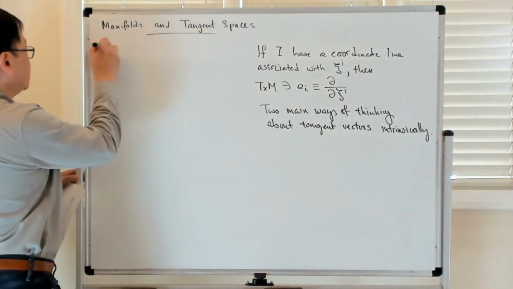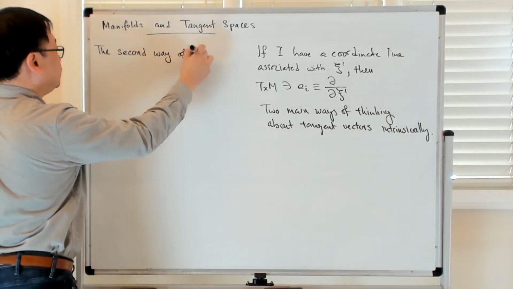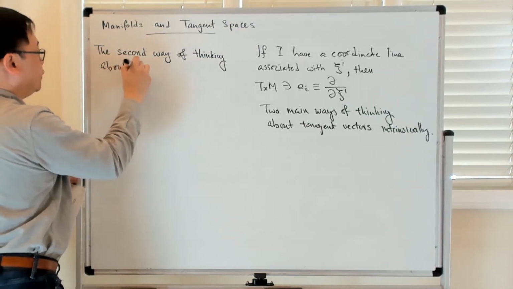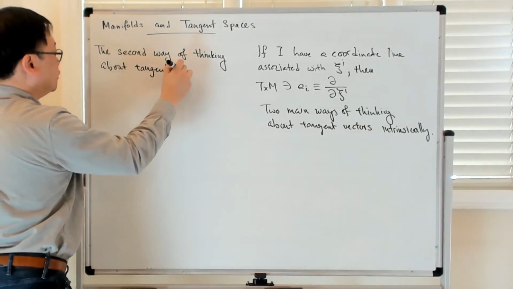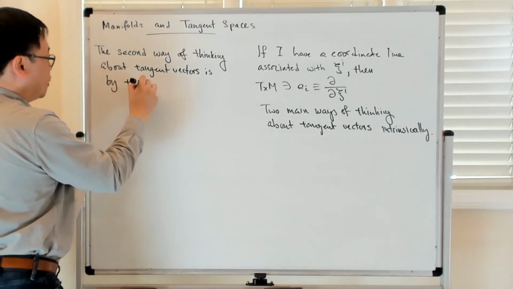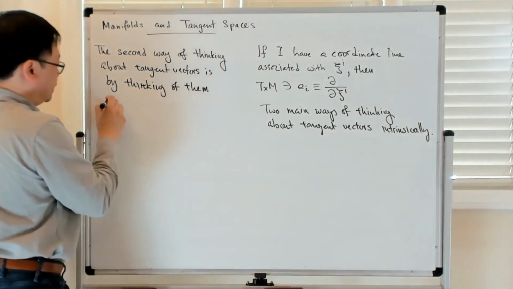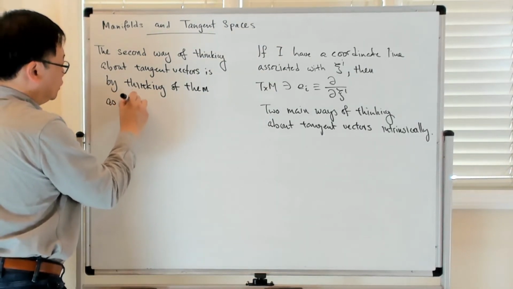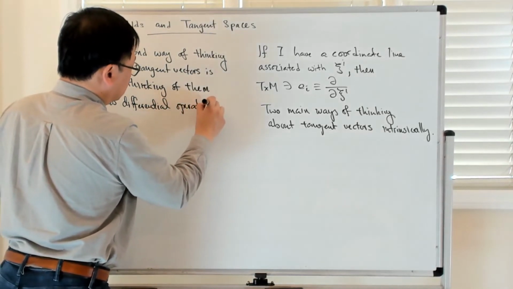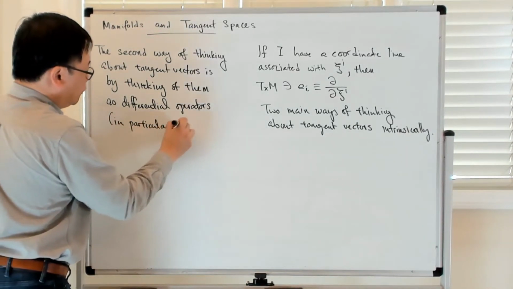So the second approach, the second way of thinking about tangent vectors, is by thinking of them as operators, as differential operators. So in particular, sort of directional derivatives.